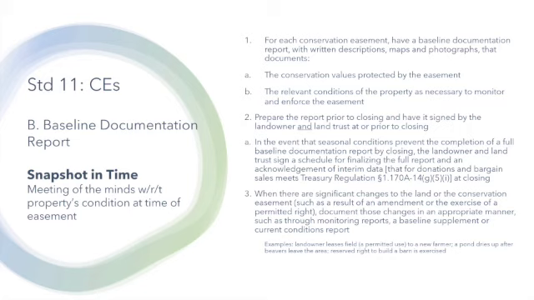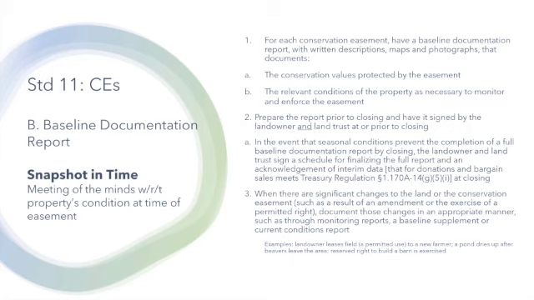But it's also really useful for monitoring, because BDRs have a very good description of the conservation values and of how the easement protects those values, using text, maps, and photos. And so the baseline documentation report becomes one of your best offenses to head off you needing to defend this easement in a court of law.